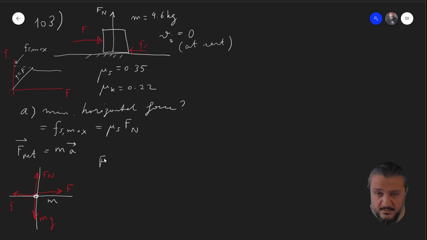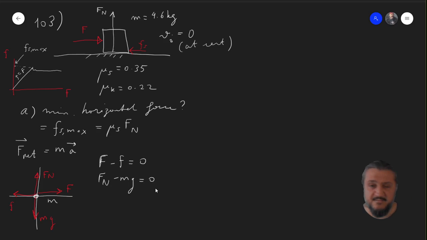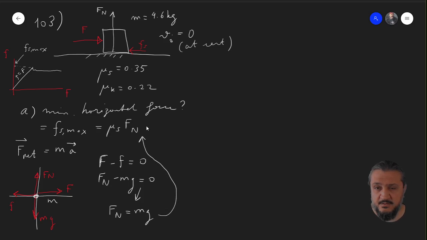Therefore, F minus f is 0, and Fn minus mg is also 0. Okay? So that's how you find Fn. Just solve this equation, which will give you Fn is equal to mg. Therefore, Fs max will be equal to μs times Fn, which is mg.